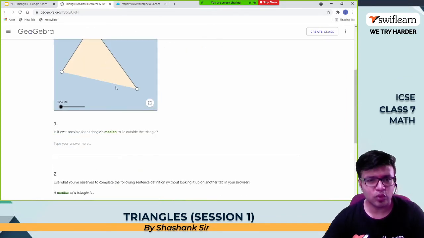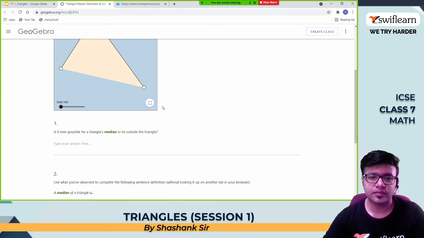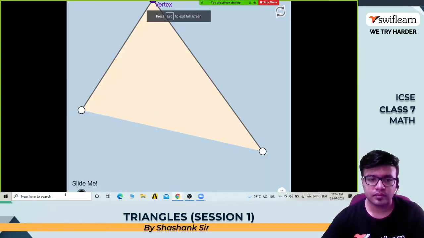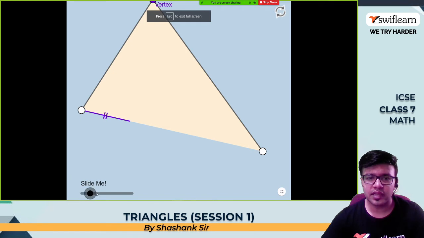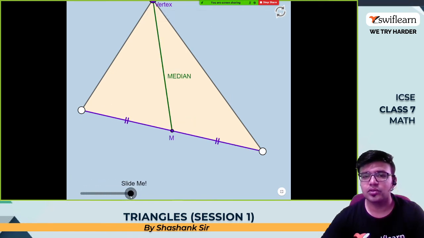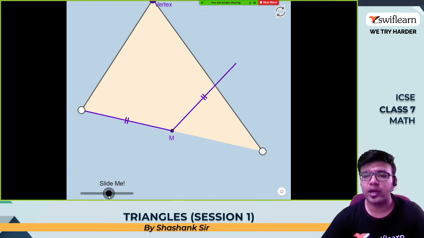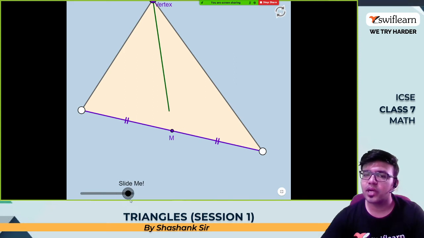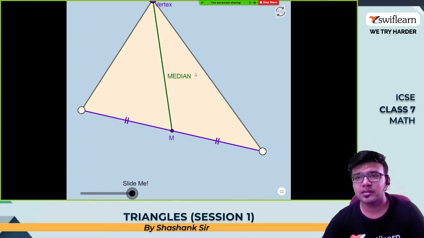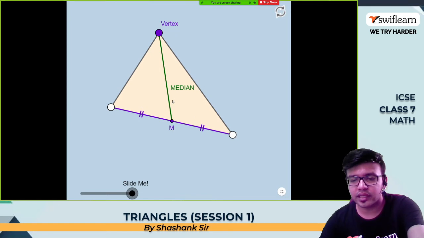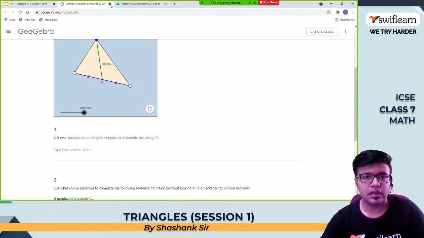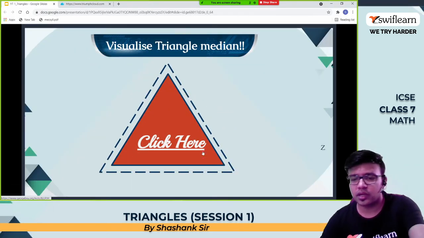Let it load for a while. Now see here, the midpoint. When you get the midpoint, joining the vertex and the midpoint is known as a median. Yes guys. Back to the lesson plan.